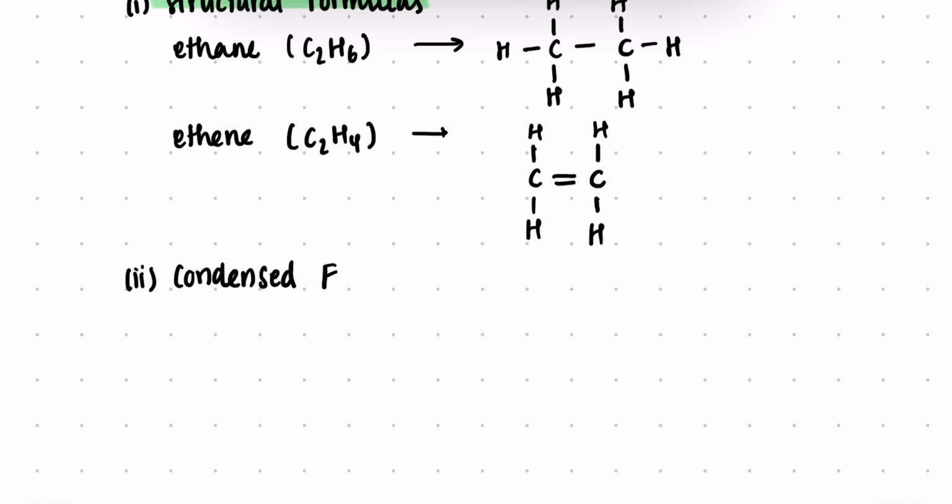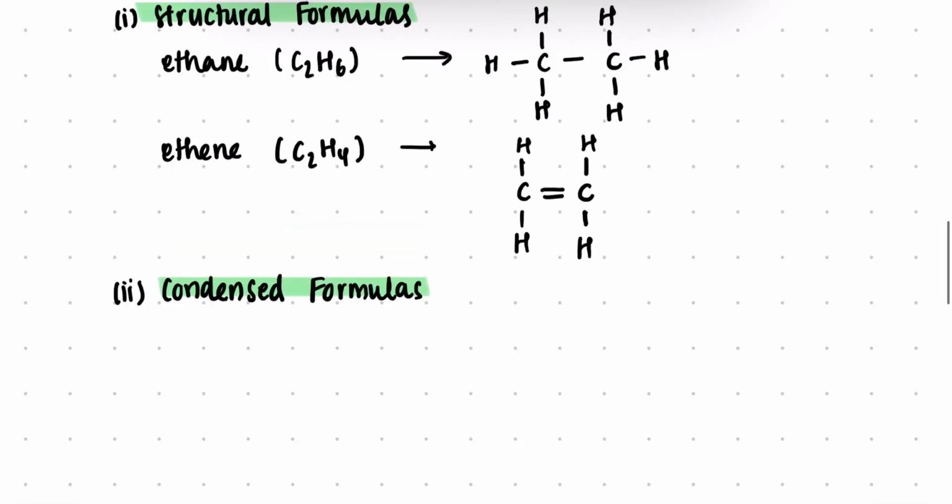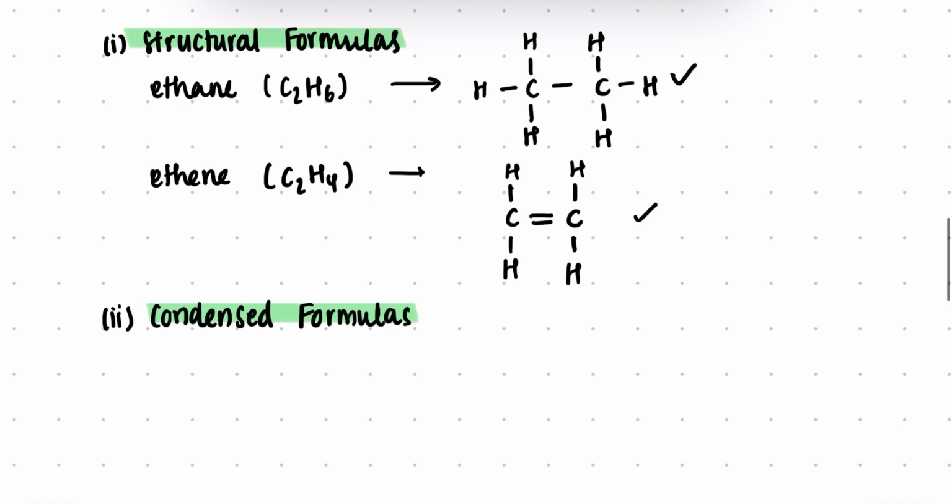And as the name suggests, it is condensed. It's like a short form of a structural formula. And if we were to write the condensed formula of the same ethane and ethene, then we would get something similar to these two, but all the bonds will not be shown.